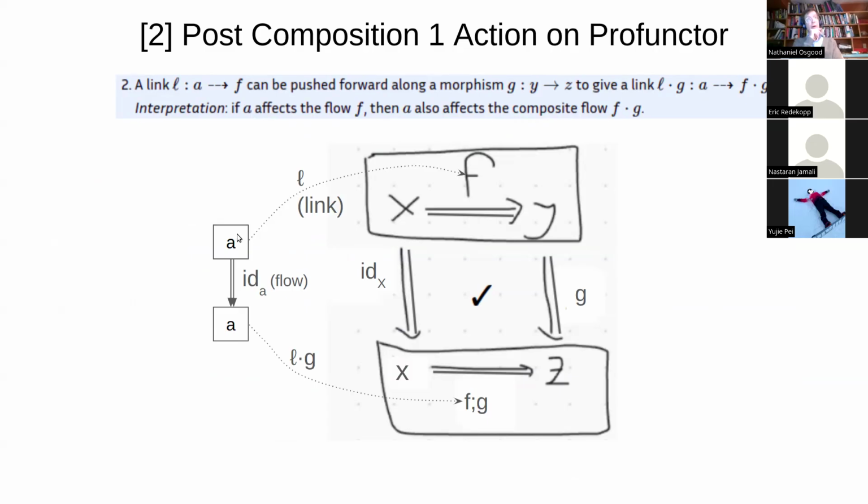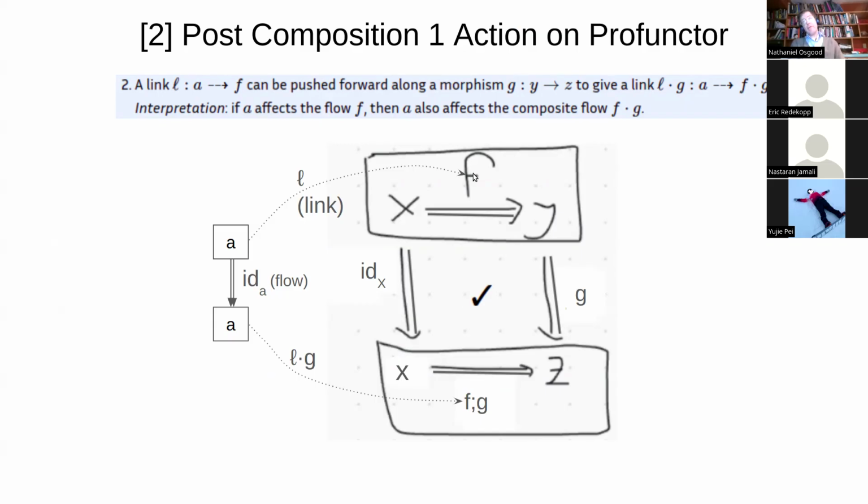So here, if we have a link from A to F, we can push it forward along a morphism from F to this other map to give a link from A to the composition of these two.